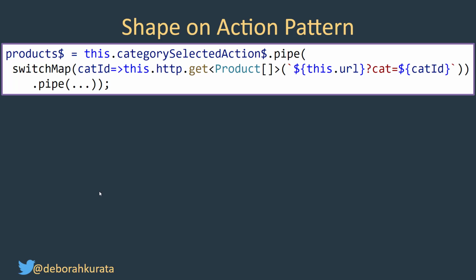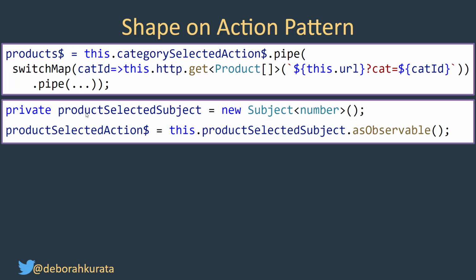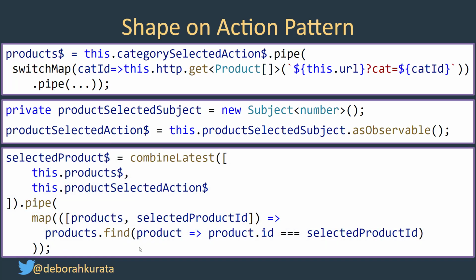All right, so the shape on action pattern. What did we have? We've got our products. We also have our product selected subject, this action of what product we've just picked, and we are going to merge them using combineLatest. So combineLatest takes an array. I only have 2 that I'm combining, but I could be combining any number of them.